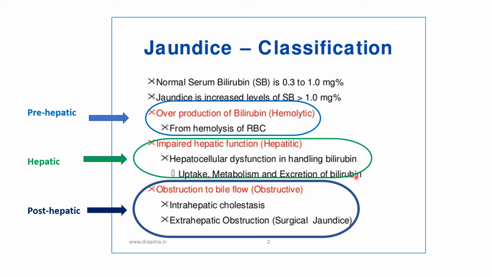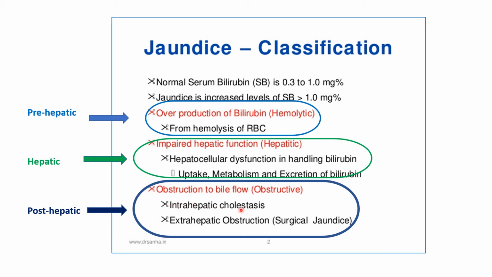In this type of condition, both conjugated and unconjugated bilirubin are equally elevated. And post-hepatic jaundice is usually due to obstruction to bile flow, obstructed bile ducts.